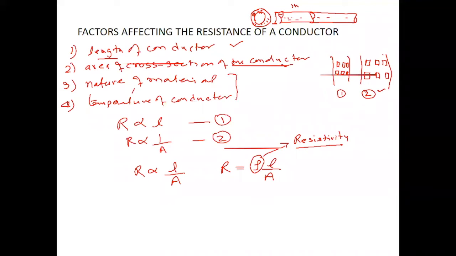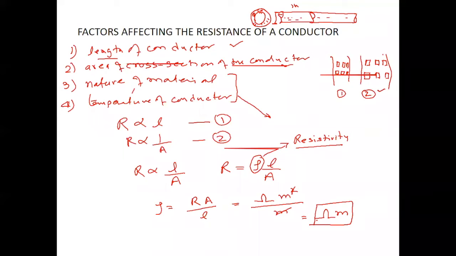So we can say resistivity is R A by L. Now put the units: resistance is ohm, cross section is meter square, length is meter. Meter cancels, so the unit of resistivity is ohm meter.